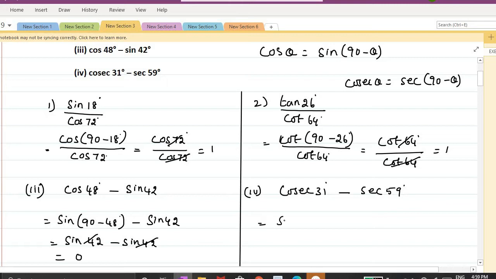So here, secant 90 minus theta, where theta is 31, so secant 90 minus 31 degree minus secant 59 degree. That is secant, theta is 90 minus 31, that is 59, minus secant 59. So minus and plus will cancel, answer 0.